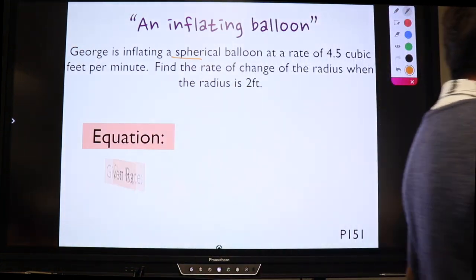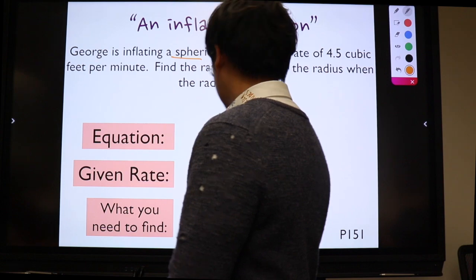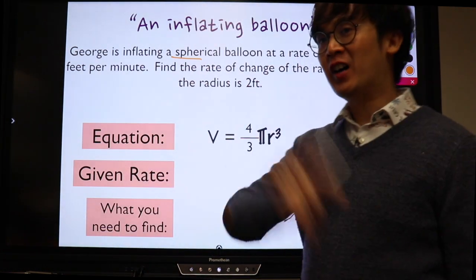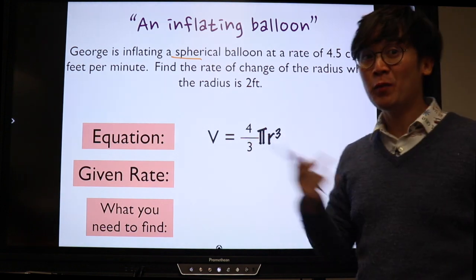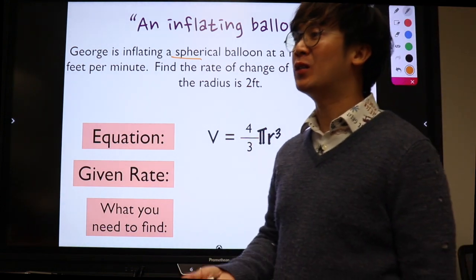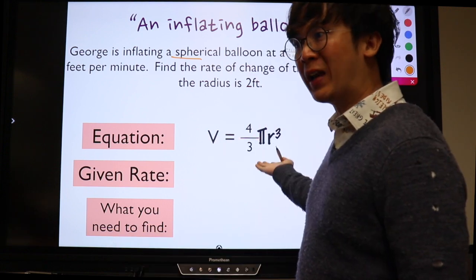Alright, since you don't know, I'm going to just give it to you. The formula for the volume of the sphere is this. Copy it down. Now you know. Alright, so now that we know the formula that we're going to be playing with, we know that we're going to be differentiating with respect to time, right?